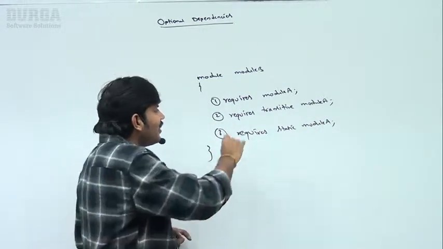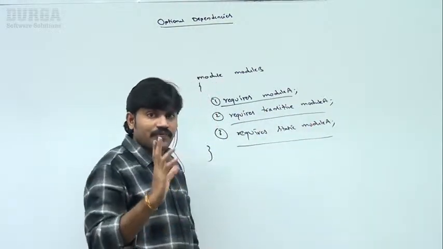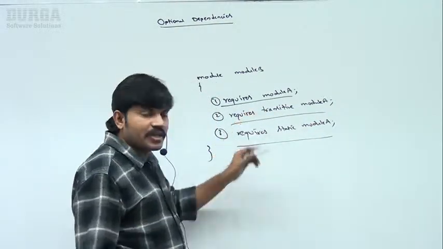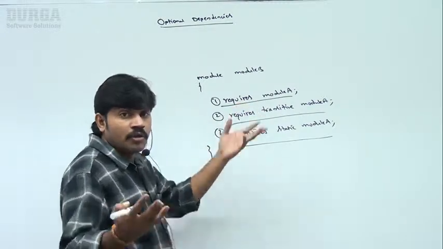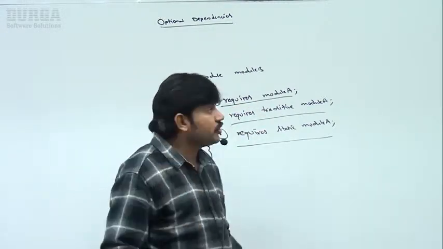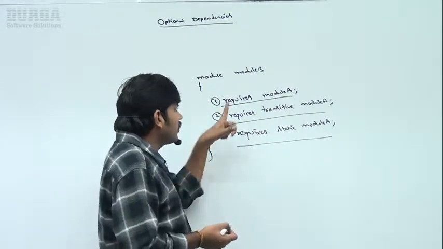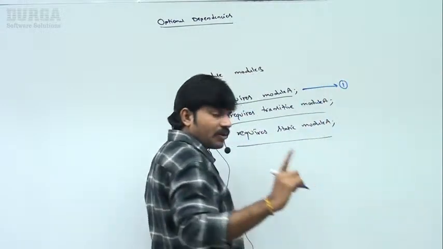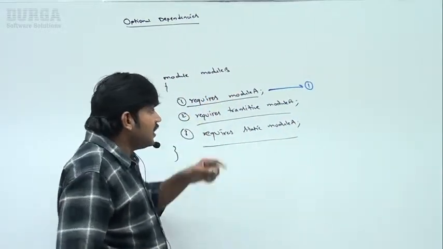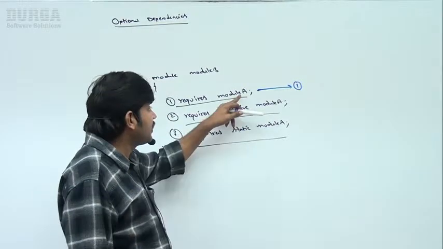What is the difference between these three things? If you are aware, then you can understand very easily. Let me start with requires module A. First point, is it a mandatory module or not? Yes, not optional, mandatory.